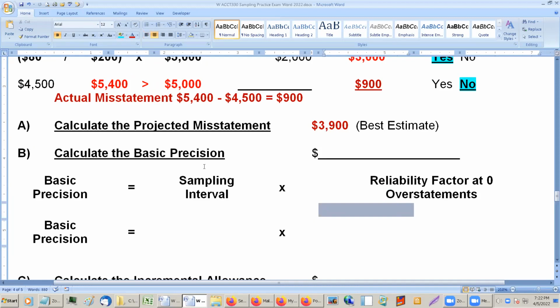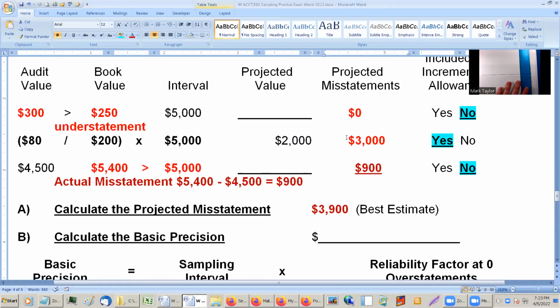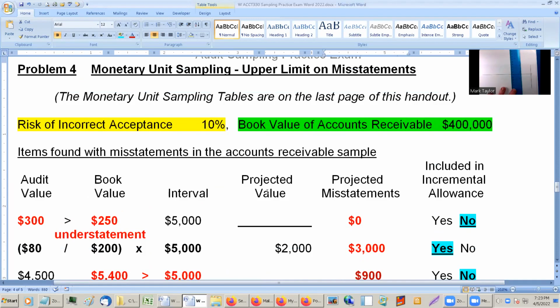Okay, so it looks like this. The book value of the accounts receivable is 400,000.